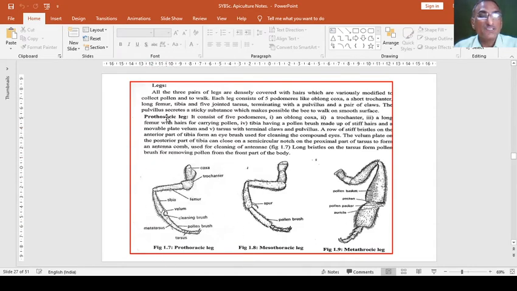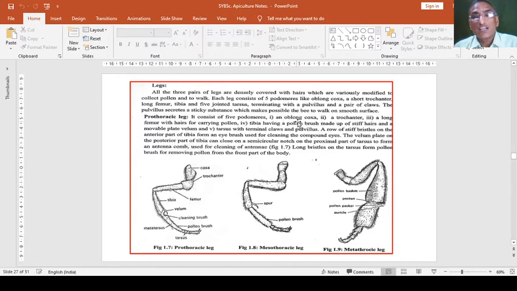So first is the prothoracic leg. It consists of 5 podomeres as usual: coxa, small trochanter, third the elongated femur, fourth the long tibia, and last the tarsus or tarsomeres, we can say.